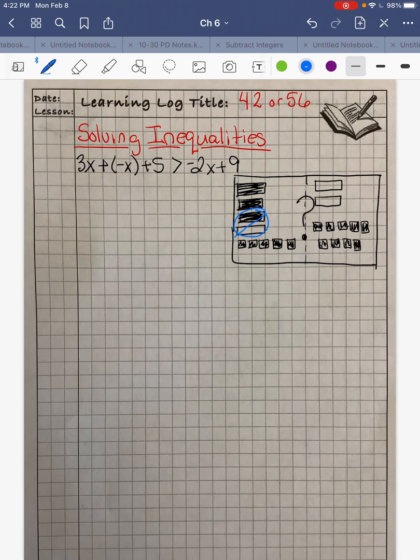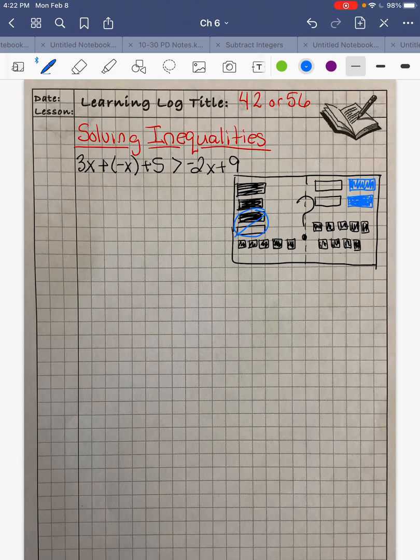Remember, my goal for solving an equation is to get all the x's on one side of the mat. So I would like those 2 negative x's to go away. Well, we can add tiles to create 0 pairs, which is what I'm going to do. Those 2 tiles are negatives, so I'm going to add 2 positive x's right here.